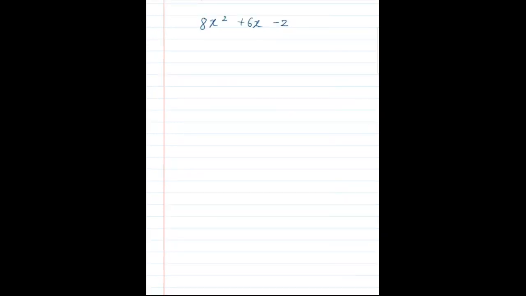Example 2. Now here my a is 8, which is the coefficient of x square, my b is 6, which is the coefficient of x, and my c, the constant term, is -2. So when you are splitting the middle term, you have to choose numbers which give you a sum or difference of 6, and the product of those two numbers should be equal to ac, that is 8 times -2, which is -16.